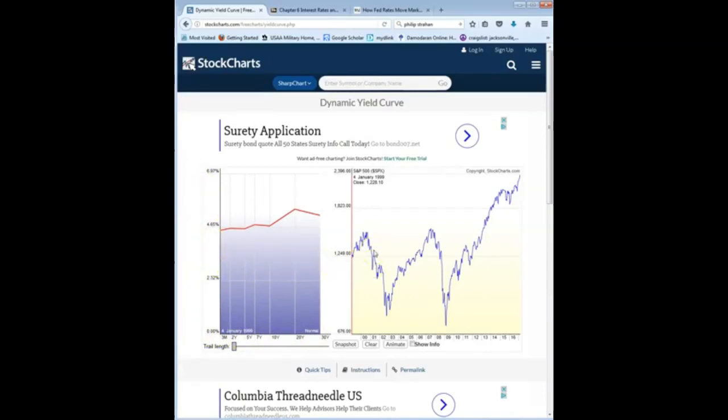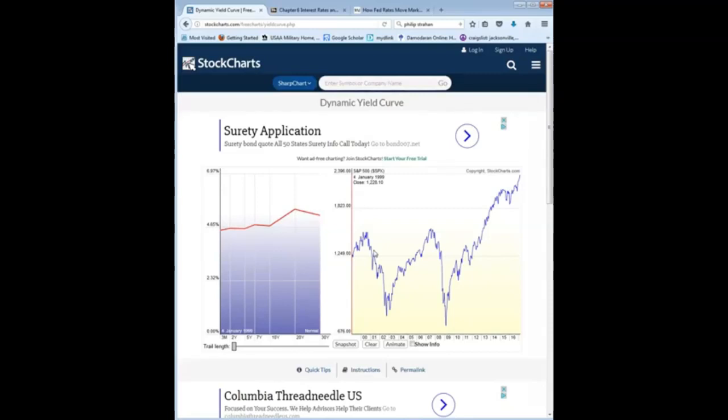And on the right-hand side, we have the stock market as proxied by the S&P 500 and how it's performed across time. The S&P 500 is an index of the 500 largest firms in the United States and proxies as a measure of total market performance.